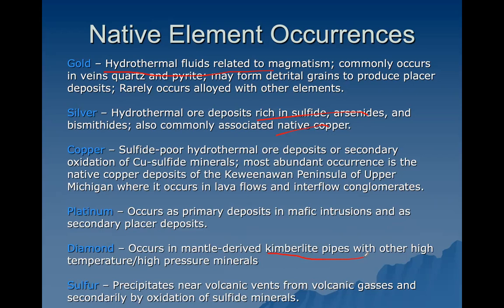And sulfur, which is found as precipitates near volcanic vents. What is a volcanic vent? That is the opening of the volcano to the outside environment. Okay. So sulfur can be found like that.